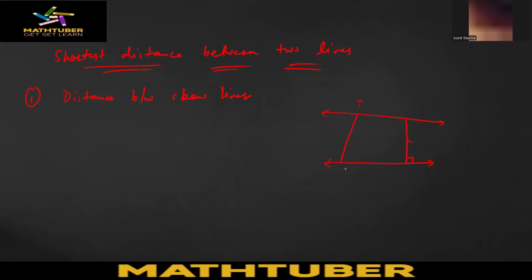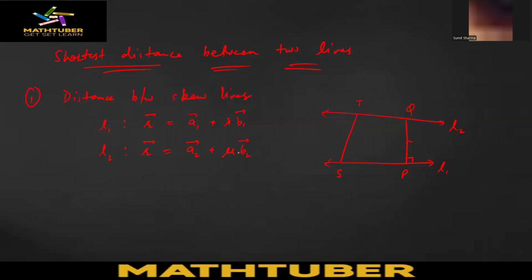Let us say this is L1 and this is L2, line 1 and line 2. Line 1 is given by the equation R vector equal to A1 vector plus lambda B1 vector. And the equation for L2 is given as A2 vector plus mu B2 vector, right?